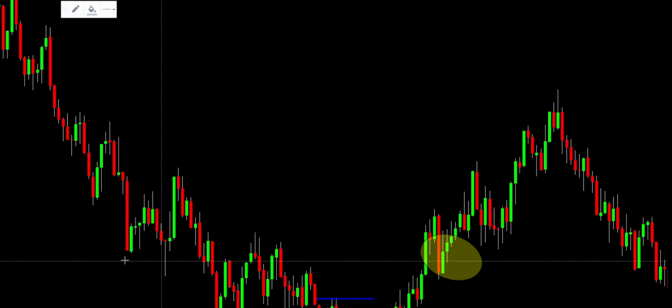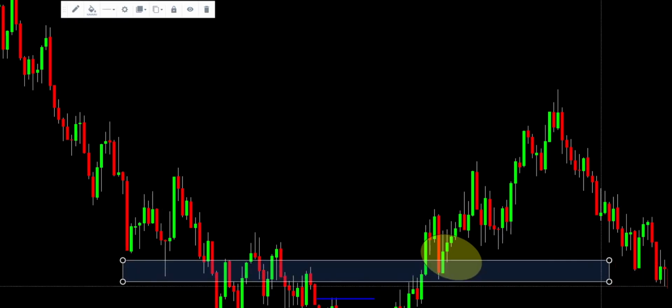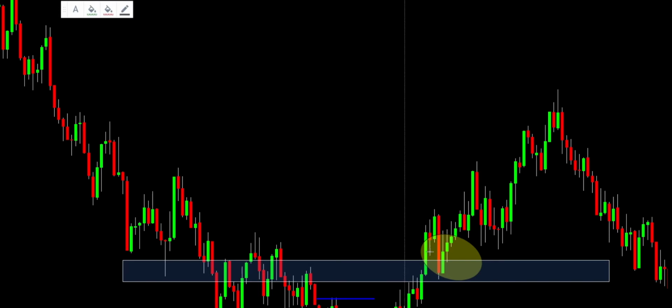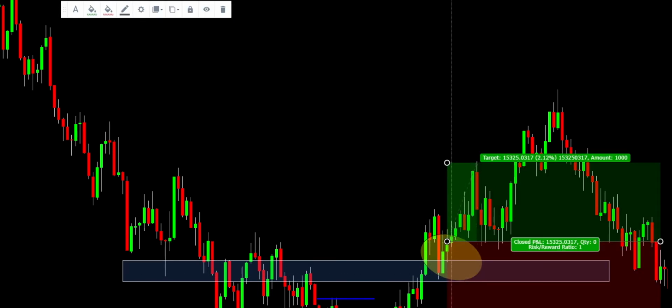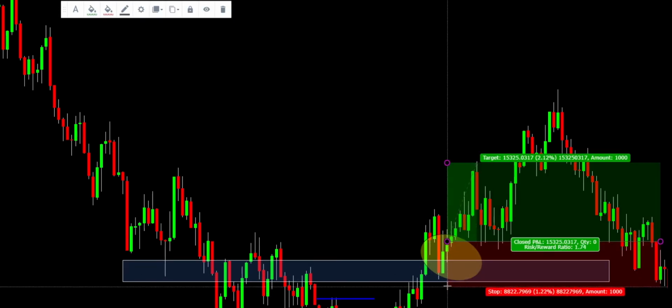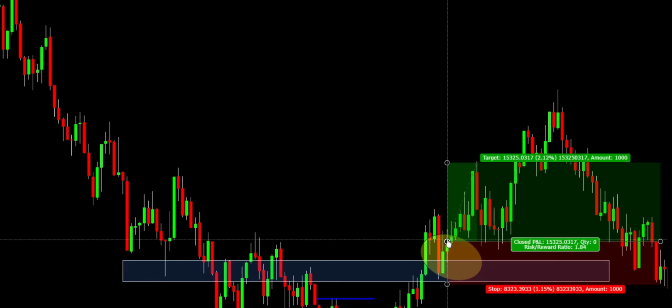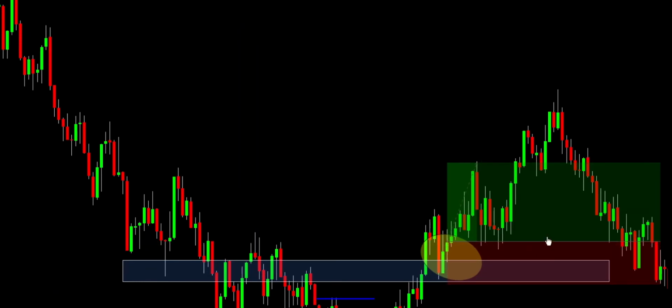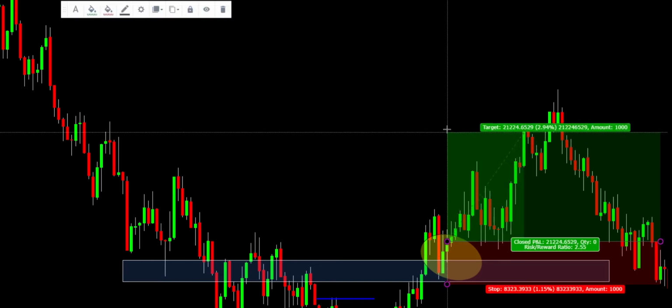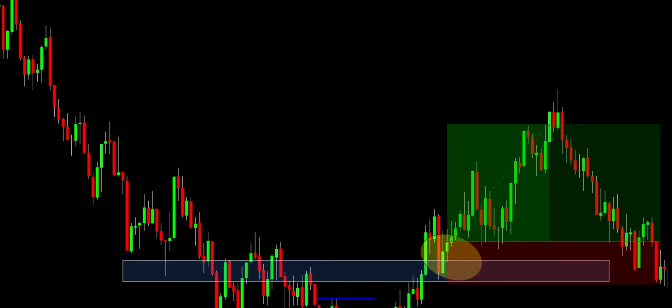You can also add more confluence and take your trading position right after you see we have a conservative entry candle just up here. I hope you guys can see that. That is a conservative candle right there, and you target your previous highs right up here.